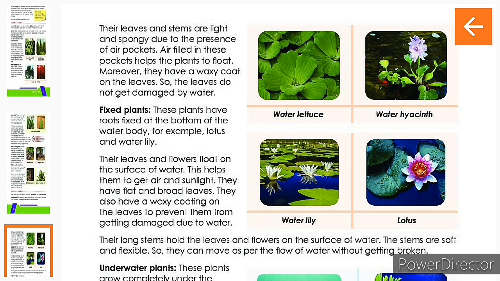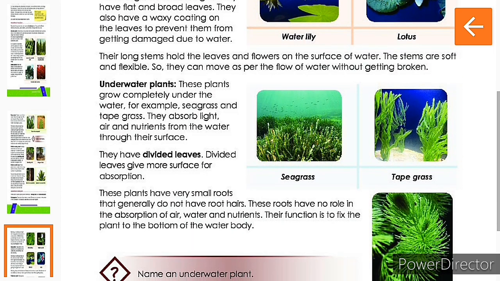Next is our underwater plants. These plants grow completely under the water. For example, seagrass and tape grass. You can see the picture in your book. They grow completely under the water.